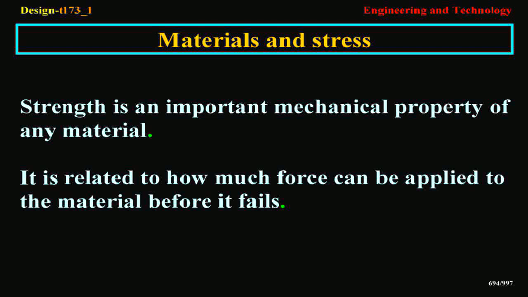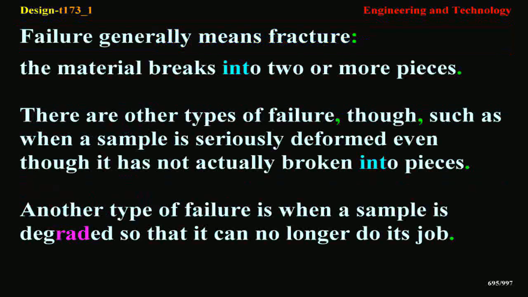Materials and stress. Strength is an important mechanical property of any material. It is related to how much force can be applied to the material before it fails. Failure generally means fracture. The material breaks into two or more pieces. There are other types of failure, though, such as when a sample is seriously deformed even though it has not actually broken into pieces.